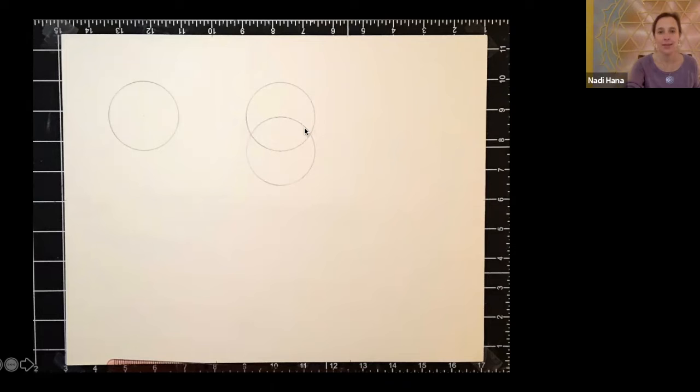It creates this shape, which is called the Vesica Piscis. And this is an extraordinarily jam-packed geometry in and of its own right. There is so much math in that little oval.